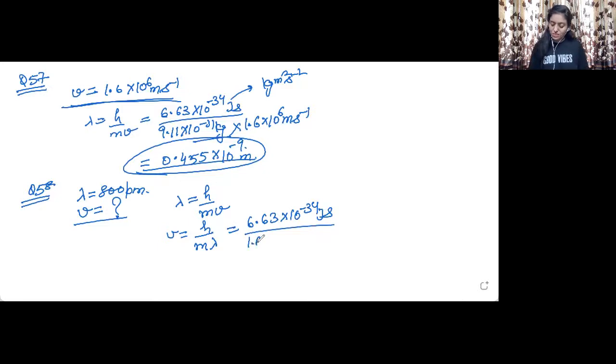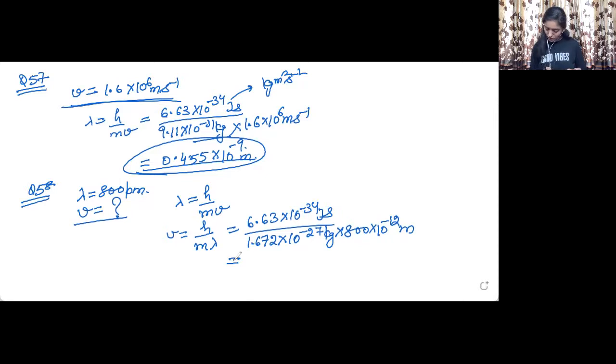The mass of neutron is 1.672 into 10 raised to the power minus 27 kg. The value of lambda we have been given is 800 picometer, which is 800 into 10 raised to the power minus 12 meter. You can keep calculating, I will take less time than you because I'm using my calculator.